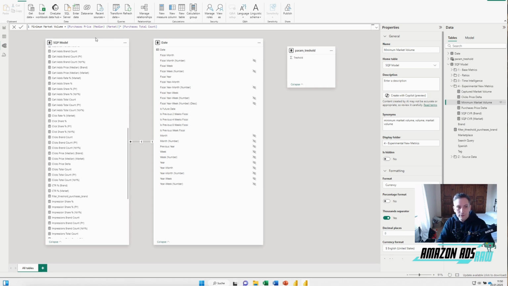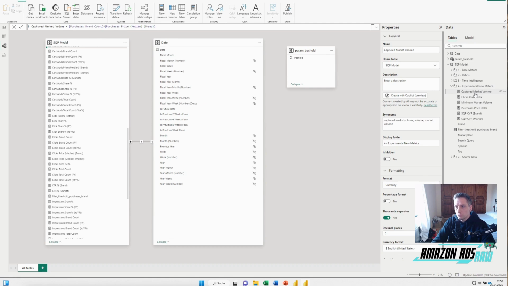Assuming I'm getting 10% of this, which is high, then this is what I would be getting. If I only get 1%, this is what I would be getting. And this can help you make actual business strategic decisions on niches where you want to conquer or where you want to retreat based on the volumes from SQP.